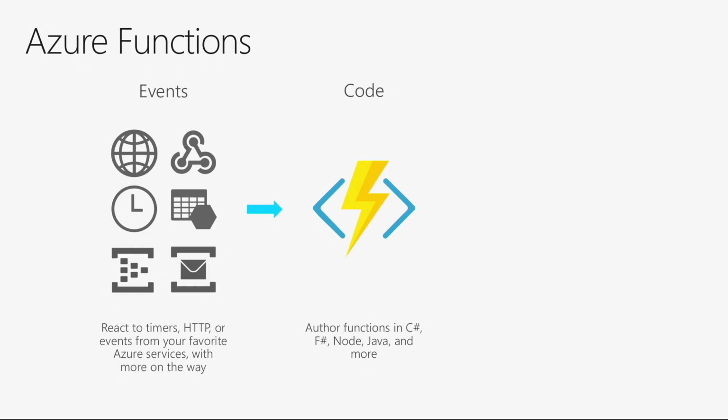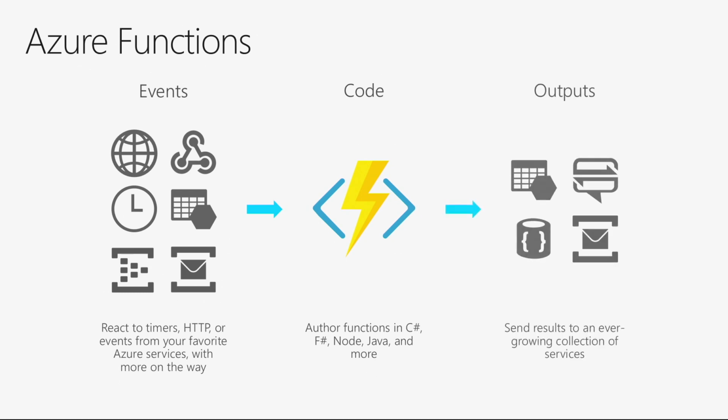Like if you're putting something on a queue or adding something to a storage blob, functions can be triggered by these events. And there are different runtimes supported in Azure Functions, so you can author in C#, Node, or Java. And then there are all these outputs, so you can send the results of your functions. There are output bindings. So the same way that our functions are triggered by things, we can also write to other Azure services.